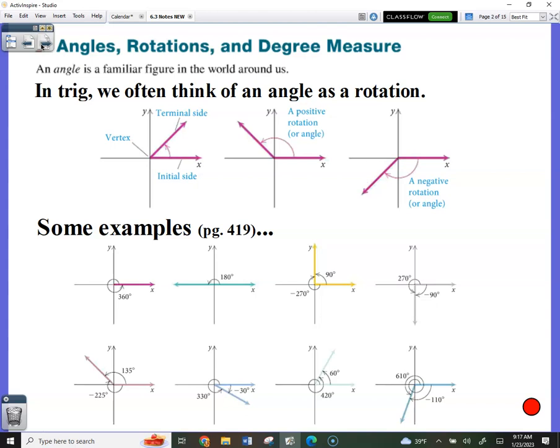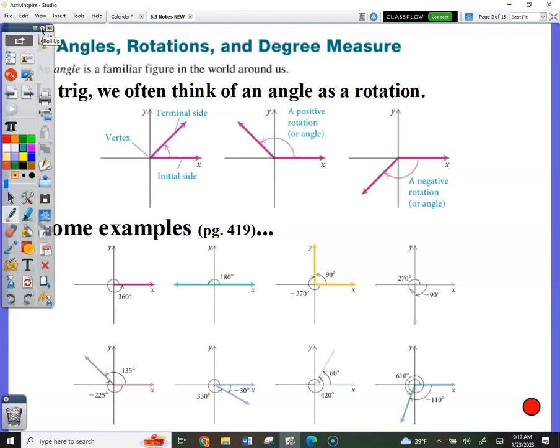Look at these 3 examples right here. We have two vocab words. If you have a highlighter, it would be helpful. The first vocab word is initial side. The second vocab word is terminal side. Now let me explain what that means. Every single one of you is familiar with the 4 quadrants.